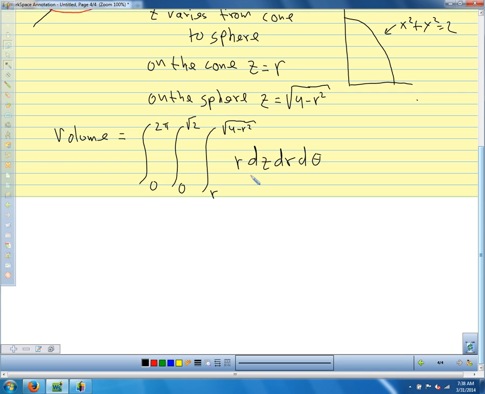Let's go through the evaluation here. So we get the integral from 0 to 2 pi, the integral from 0 to square root of 2. We're evaluating the integral r dz, so we get rz, evaluated on z equals r to the square root of 4 minus r squared, dr d theta.